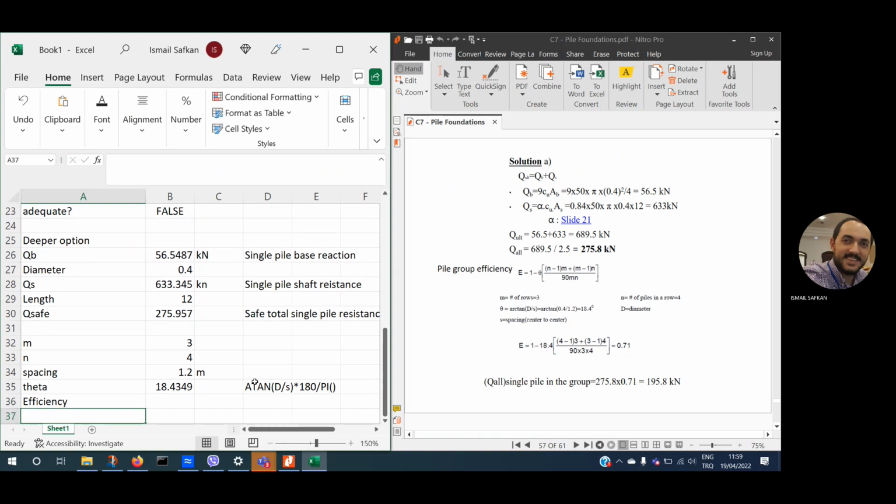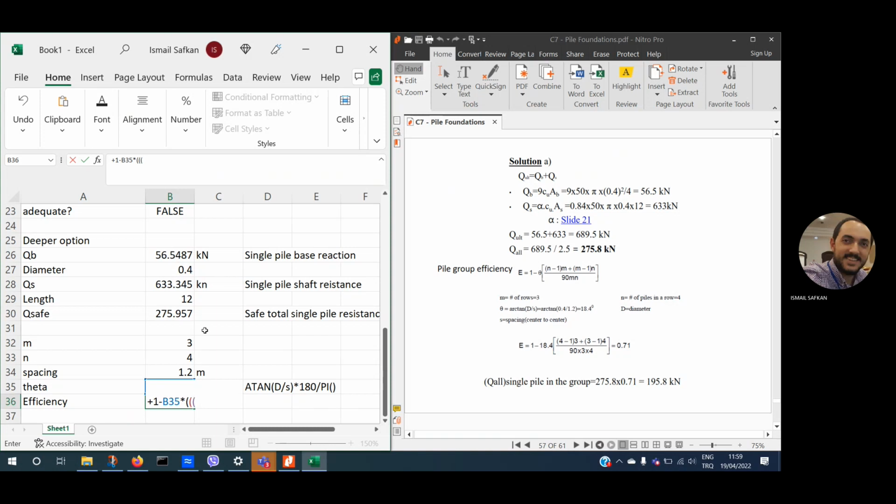Let's see. Almost done. 1 minus theta times open bracket. This is the general bracket. And then open another bracket for the top row, and then open another bracket.